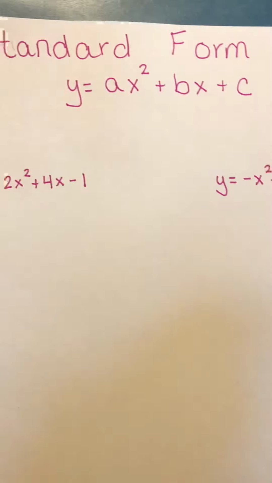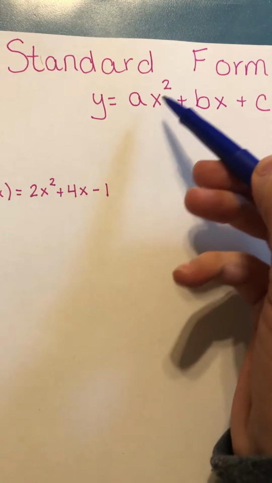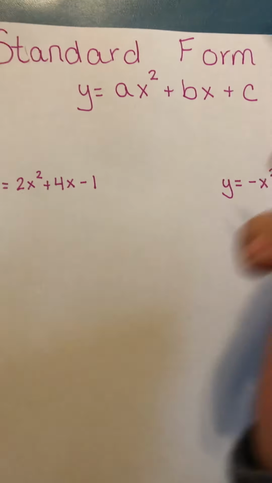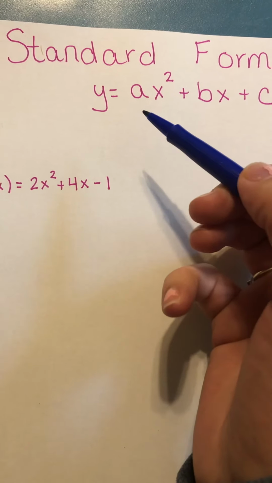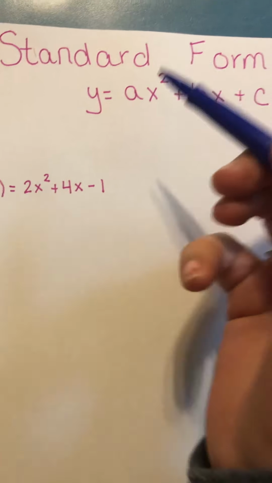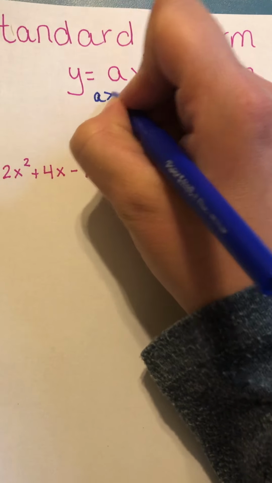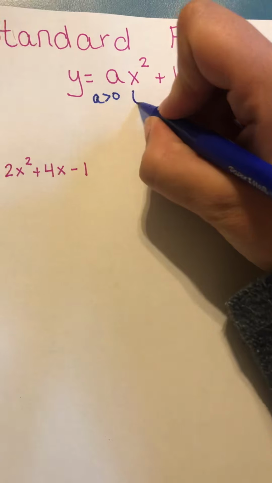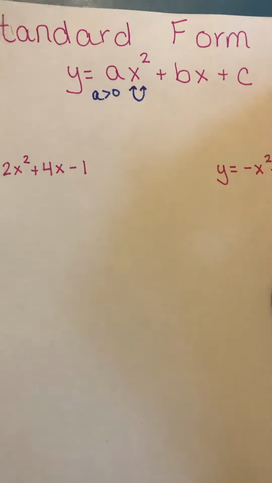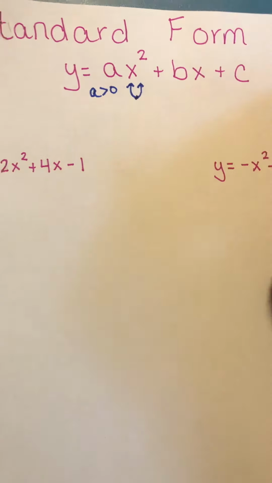So if you remember, the a value, or the number in front of the x squared term, determines the opening and the direction of your graph. If your a value is greater than 0, which means it's a positive number, your graph is going to open up, like that. That means your vertex is a minimum.